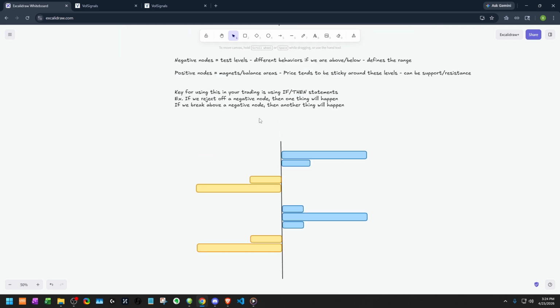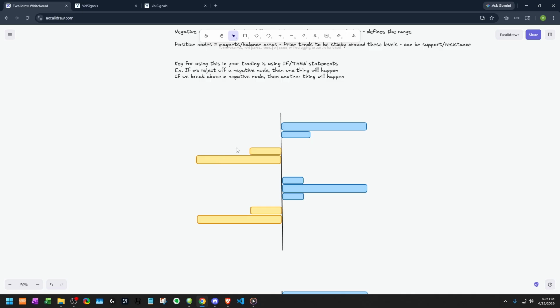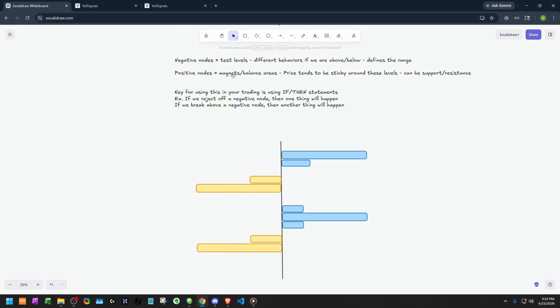But getting back to this: negative nodes, test levels; positive nodes, magnets, balance areas. So just an example, let's say we're trading up here. If we get to this node and we fail from here, we're likely to go back to the positive node. So this would be our magnetic area that price will be attracted towards if we fail this level.